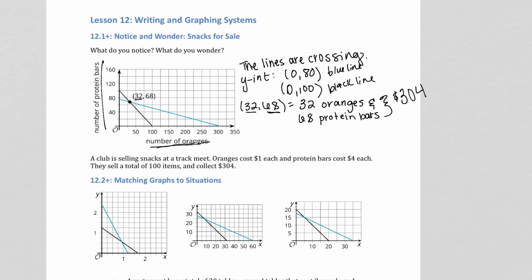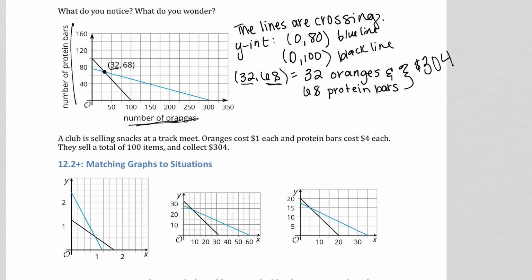What do you think an equation could be for the oranges and the protein bars? There are two equations we could make. What could one of them be?